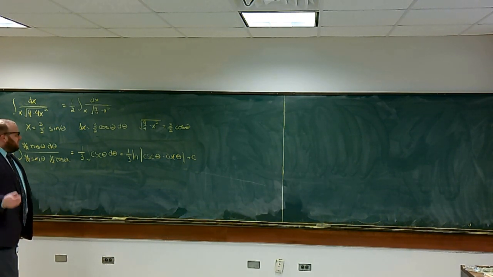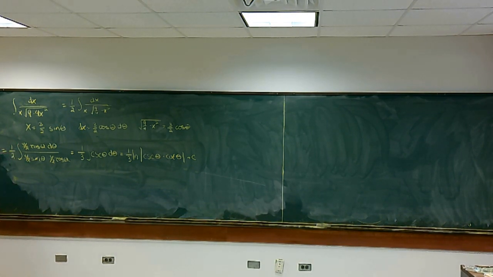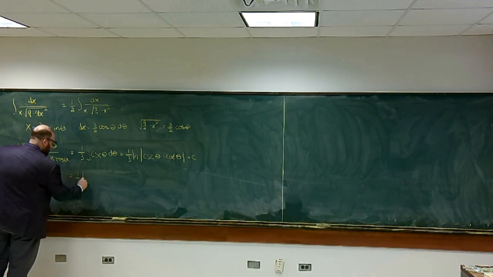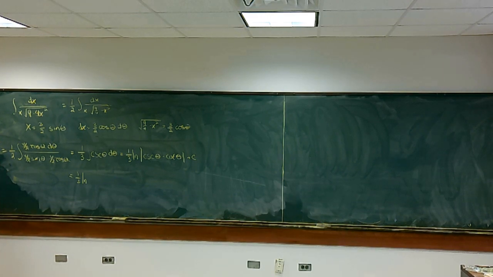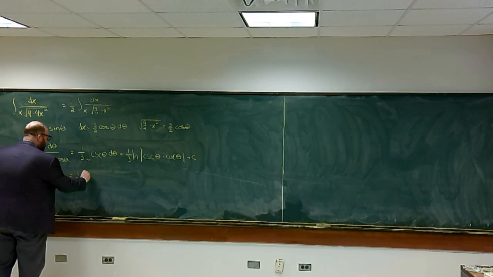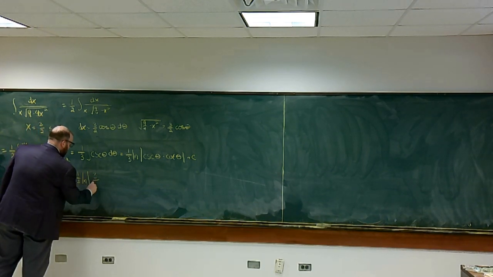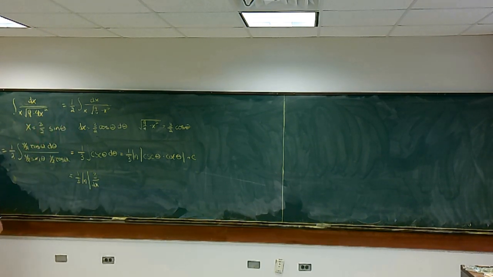All right. Now I have to do back substitution. We said what cosecant is: 3 over 2x, right?